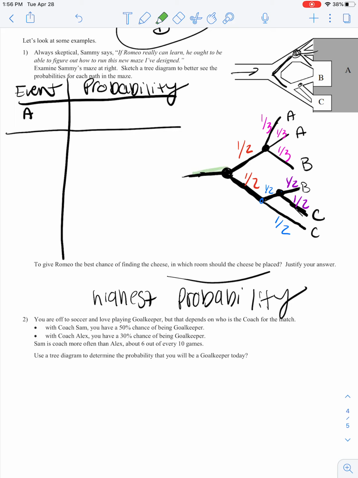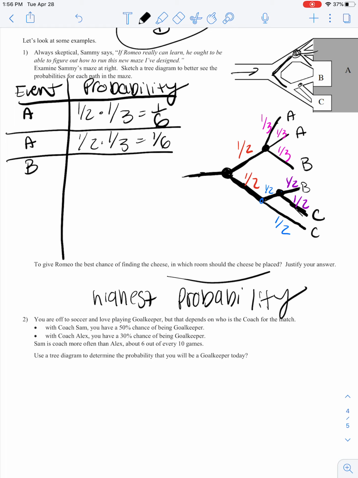So the probability of getting to room A the first way is going to be 1/2 times 1/3, which is equal to 1/6. Okay, the second event is getting to A again, but now using this path, 1/2 times 1/3 again. The next option is getting to room B, 1/2 times 1/3.